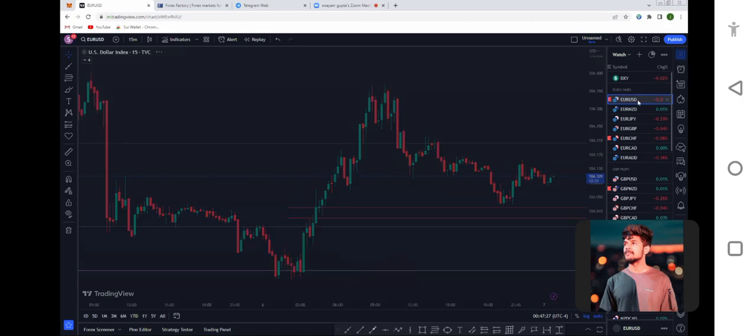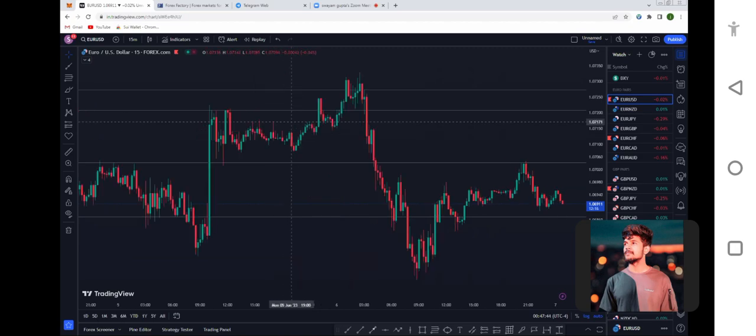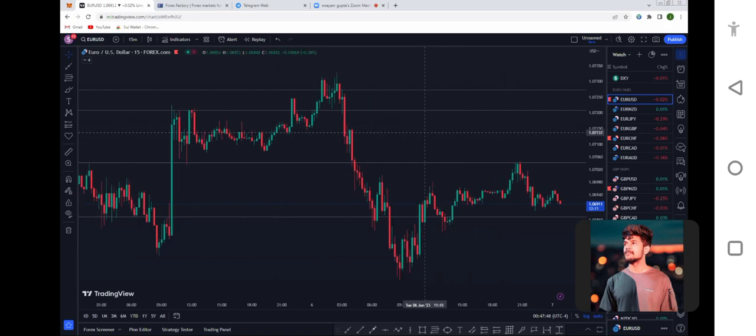So although I can see it's too high than what we are expecting in the dollar, I think price can fill this one. I think so. Well, down, up, down.